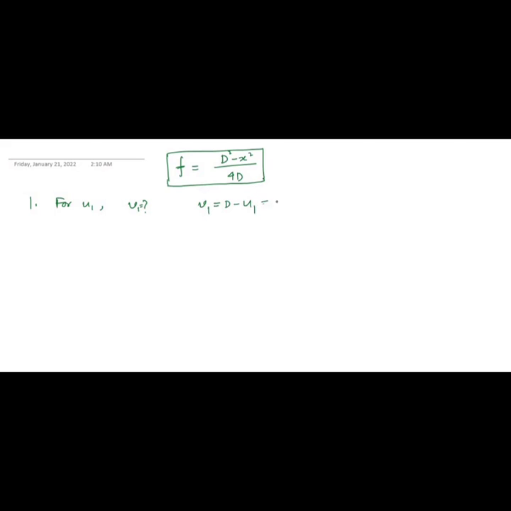So v1, we know that v1 is equal to d minus u1. If the value of u1 is taken like this, d minus d by 2 plus root of d square minus 4df by 2, then it will give me a value of d by 2 minus root of d square minus 4df by 2.